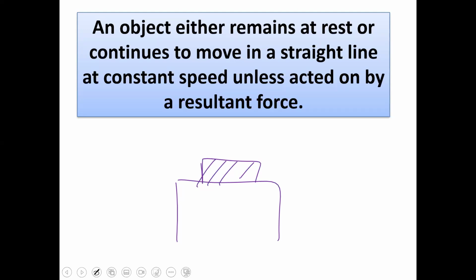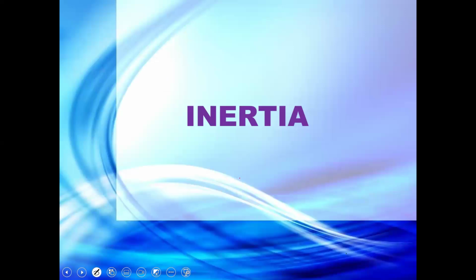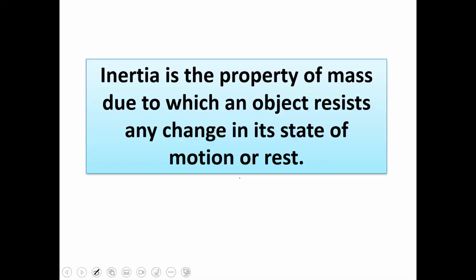Can you tell the concept in your words? Actually, Newton's first law is related with inertia. What is inertia? Inertia is the property of mass. So you are sitting in a car, the car applies some brake, you get a forward jerk.